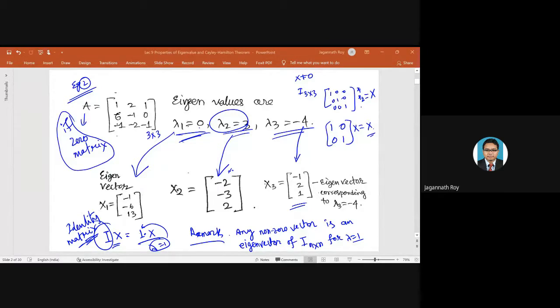In this case, actually everything will be trivial. Every equation will be satisfied, right? I am talking about what the eigenvalue is, not the number of eigenvalues.